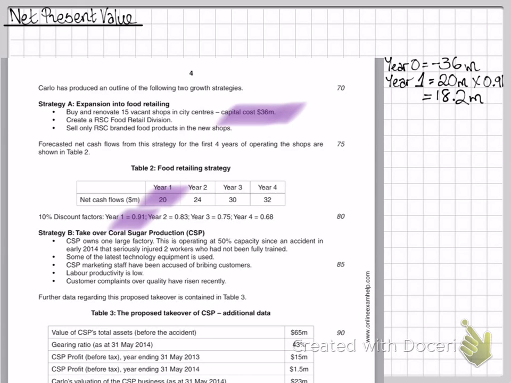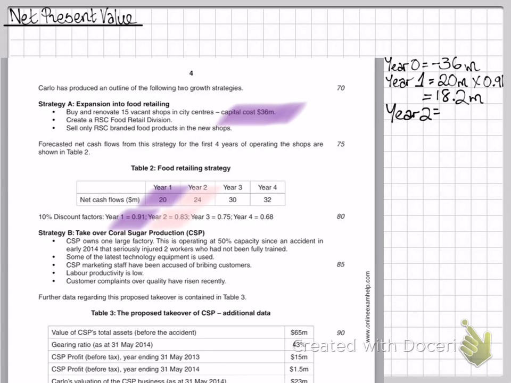Now if we go back and look at the amount from year 2, this is the amount that came in from the investment. That's 24 million, and the equivalent discount factor would be 0.83. Again, this amount is a positive cash inflow.